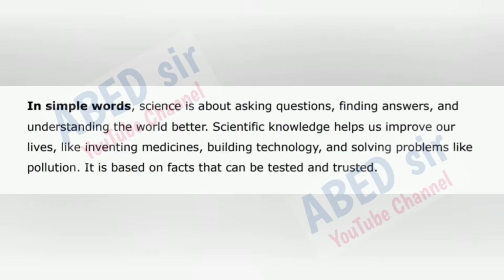In simple words, science is about asking questions, finding answers, and understanding the world better. Scientific knowledge helps us improve our lives, like inventing medicines, building technology, and solving problems like pollution. It is based on facts that can be tested and trusted.